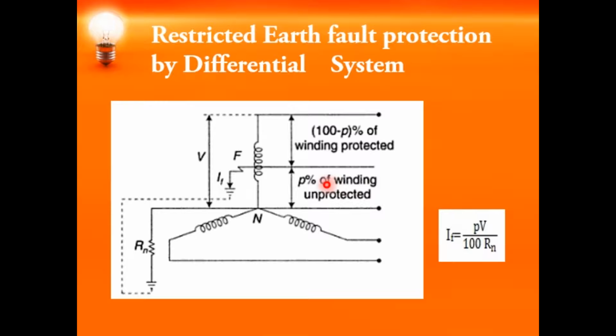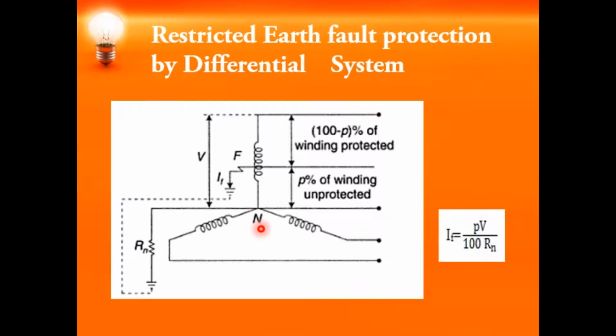If a ground fault occurs at this point F, then the voltage VFN is available to drive the ground fault current, that is IF, through the neutral to ground. If the fault point F is nearer to the neutral point, the fault voltage VFN will be very small, else it will be more.